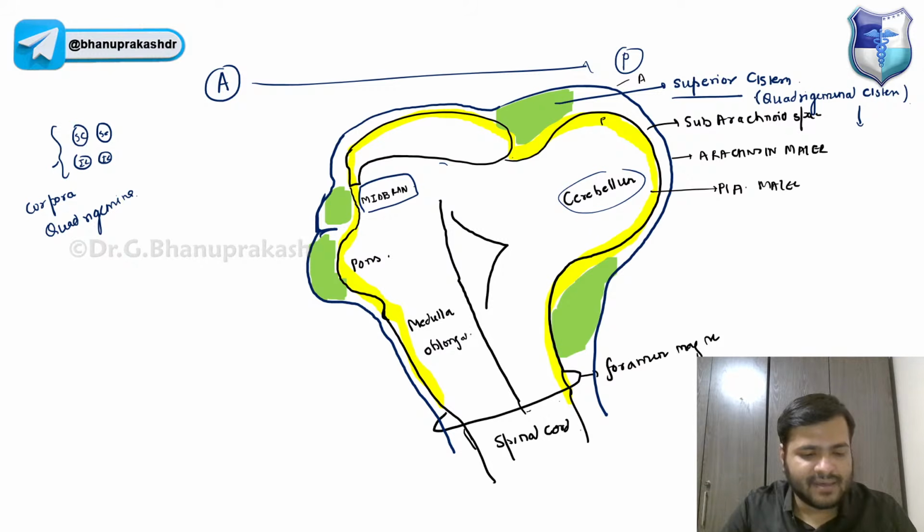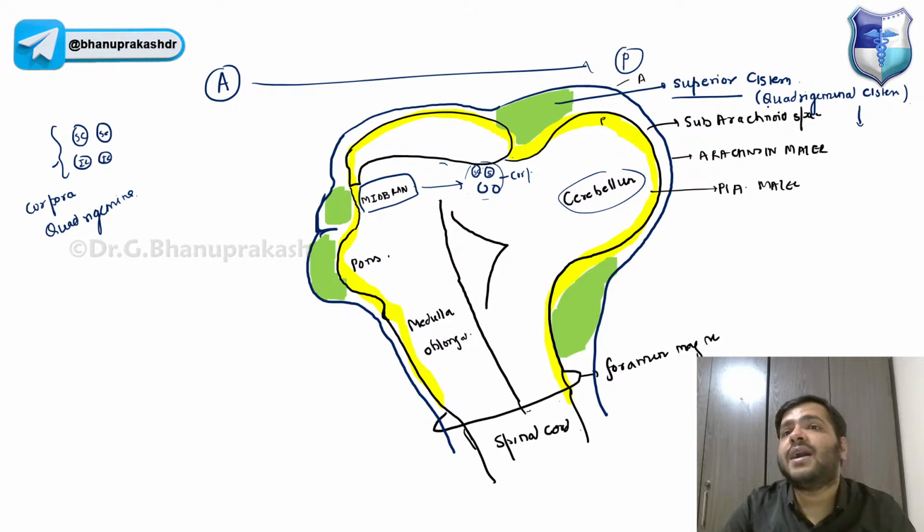The name itself says quadrigeminal cistern. Basically, this cistern faces the dorsal aspect of the midbrain, the superior colliculus and the inferior colliculus, which together are called the corpora quadrigemina.